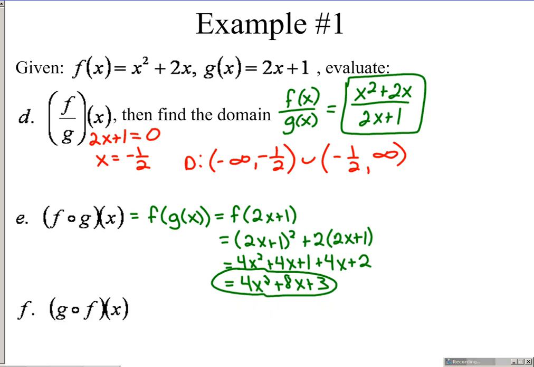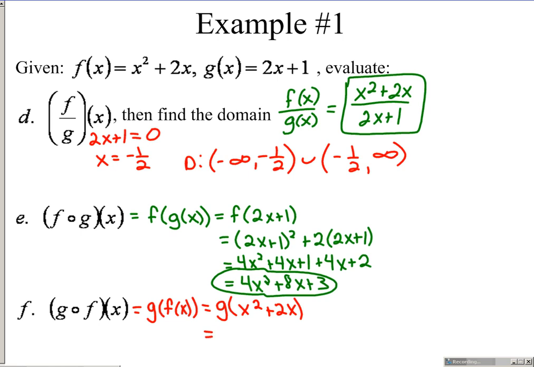And now the composition in the other direction. G composed with f of x. That's the same thing as g of f of x, or g of, what's f of x equal to? X squared plus 2x. And now we're taking that and we're plugging it into our g function.